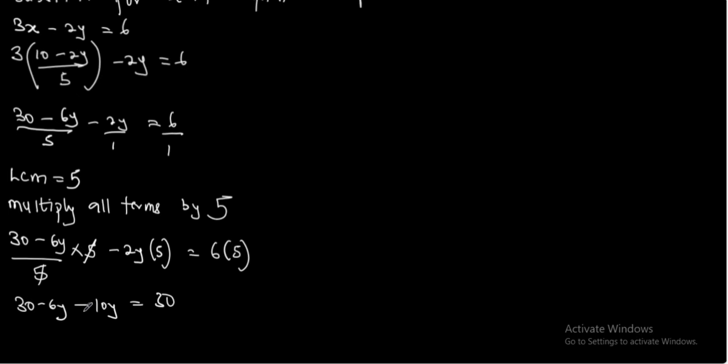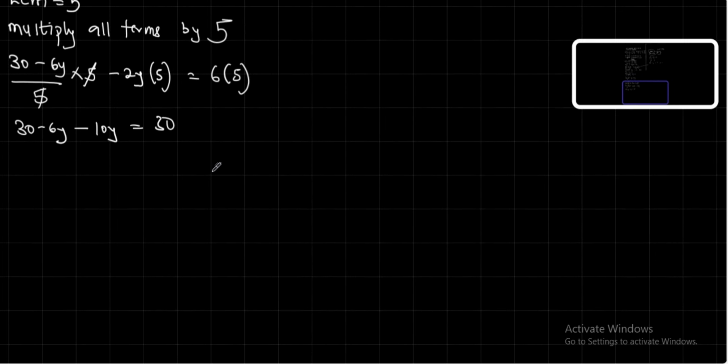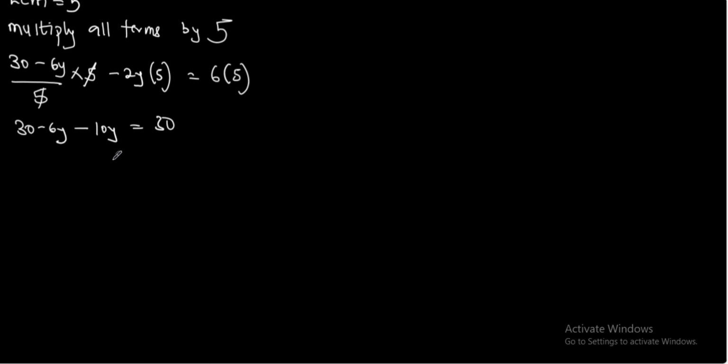Now you see, at this point, we now have just one variable, but we can't find the value of y yet, right? Because we have 3 terms on the left-hand side, 1 term on the right-hand side. We need to ensure that we have 1 term on the left-hand side, 1 term on the right-hand side. So by collecting like terms, 30 goes to the other side.